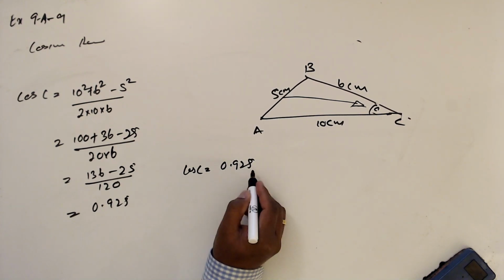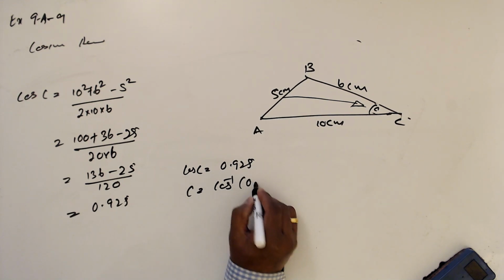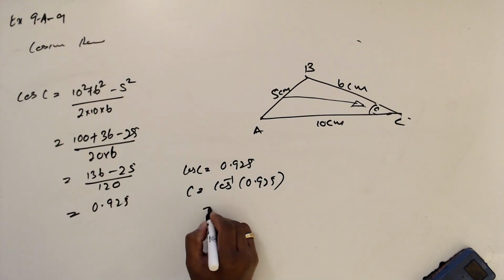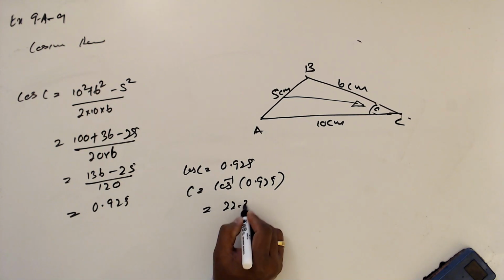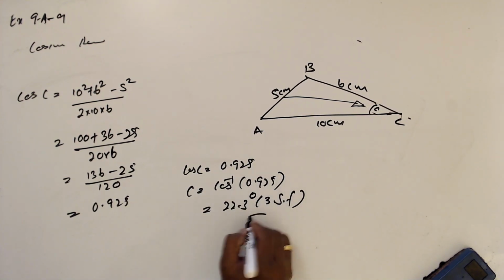Cos C is 0.925. C is cos inverse 0.925, which is 22.3 degrees to 3 significant figures.